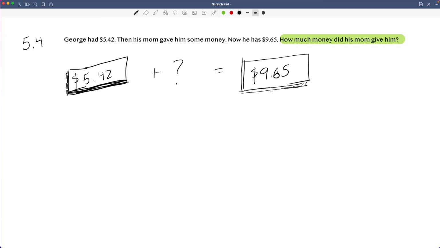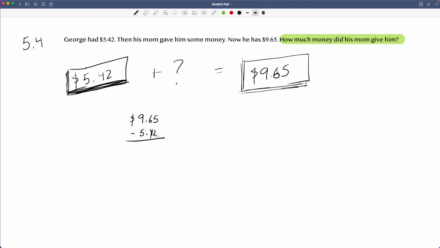So we have to figure out how to write this so that we can do the appropriate calculation. So what we need to do is start with our sum and turn that into the minuend. So we're going to begin here, make that the minuend, and we're going to take this addend and turn it into the subtrahend, which is the number we're subtracting, so minus $5.42, in order to find out what this amount was that was added to the original amount.